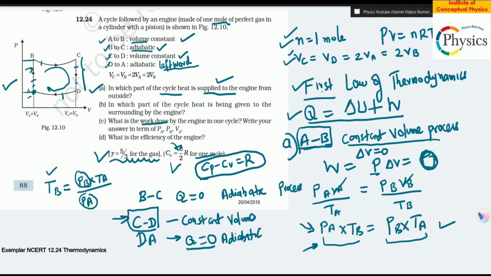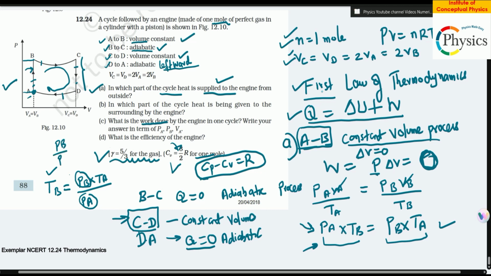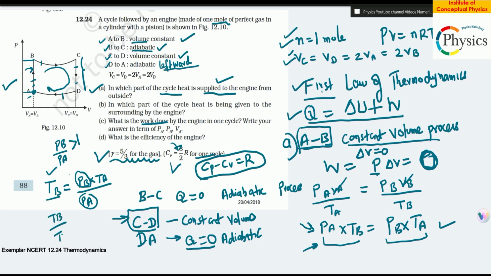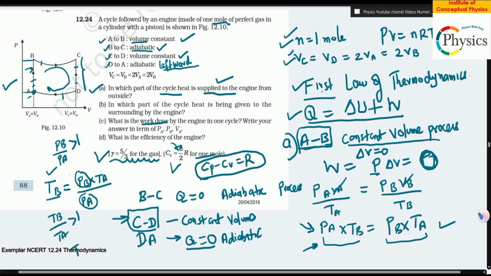Because PB by PA as a ratio is greater than 1, therefore TB by TA is greater than 1 and TB is greater than TA. So the temperature does go up, right?